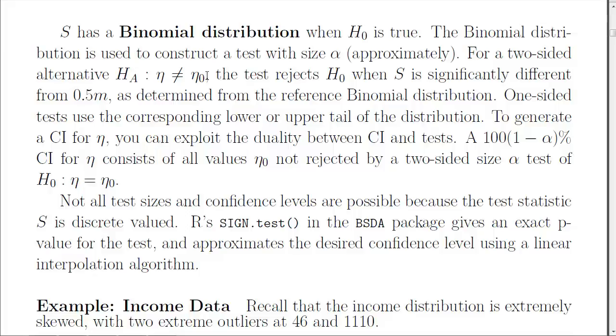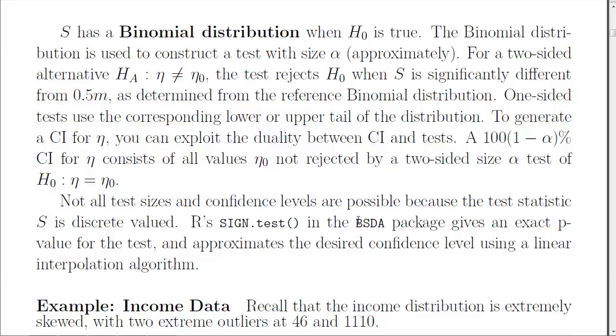This is equivalent to a binomial distribution where you draw a sample of size n, say you had 30 observations, and then you expect to get 15 heads and 15 tails, 15 greater than the median, 15 less than the median. So that's what this is describing.